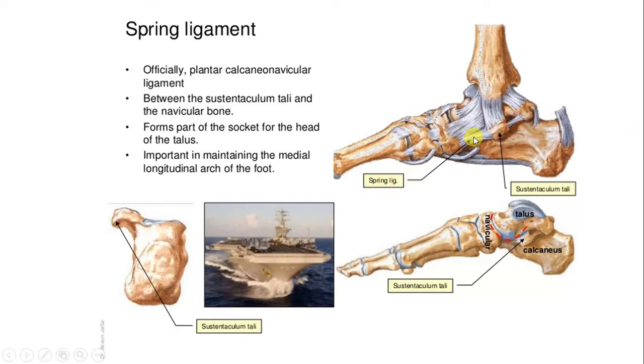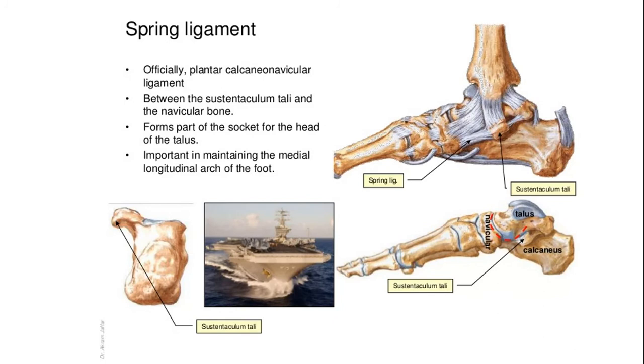So if an MCQ comes in the exam about maintaining the medial longitudinal arch, and it is written that the spring ligament is a very important factor, that will be the correct answer.